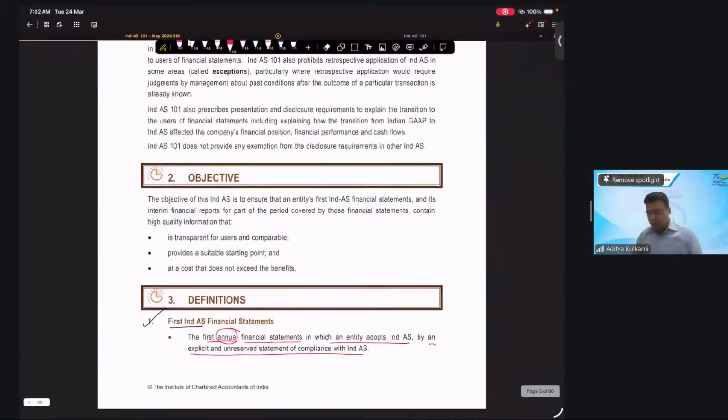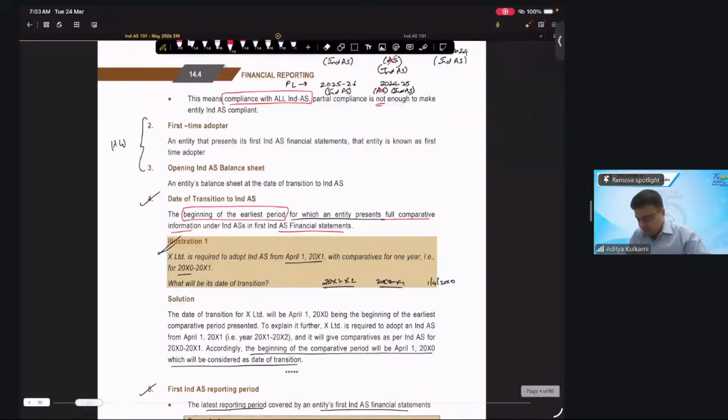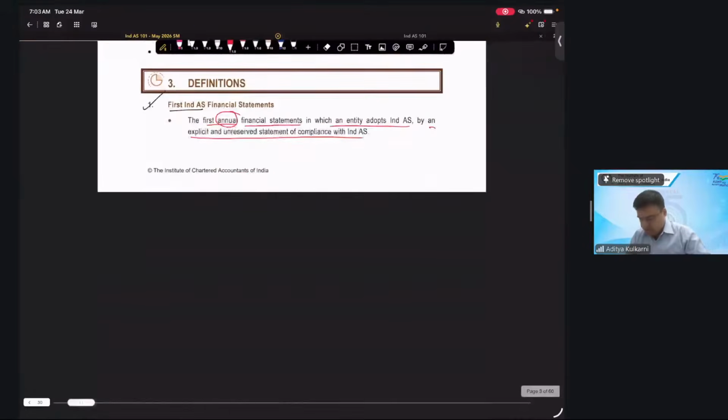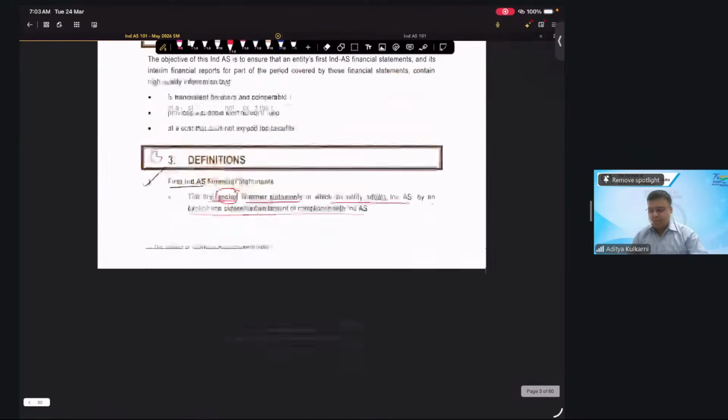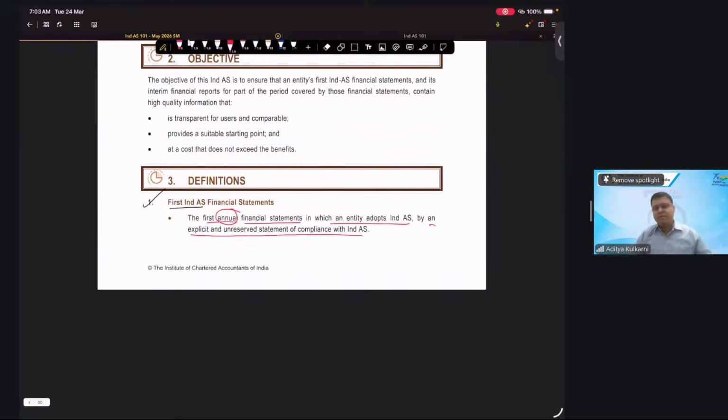Okay, so now when we come to your major points, first one is first Ind AS financial statements. What do you understand by first Ind AS financial statements? This is the first annual financial statements in which an entity adopts Ind AS with an explicit and unreserved statement of compliance with Ind AS.